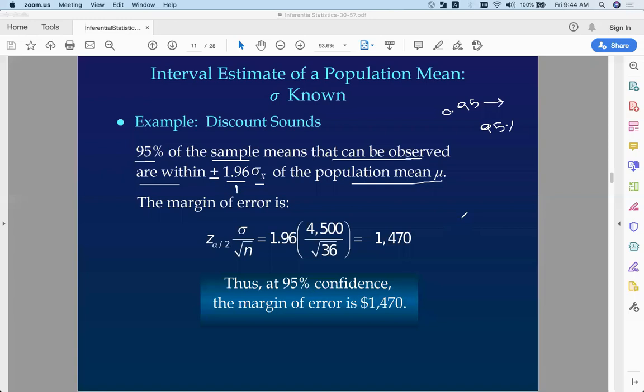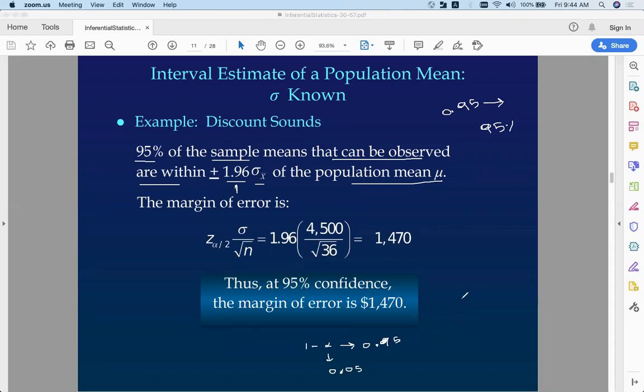Okay. So 1 minus alpha is basically given as 0.95. Now what it means is 1 minus alpha is basically 0.95, so the value of alpha here is basically 0.05.